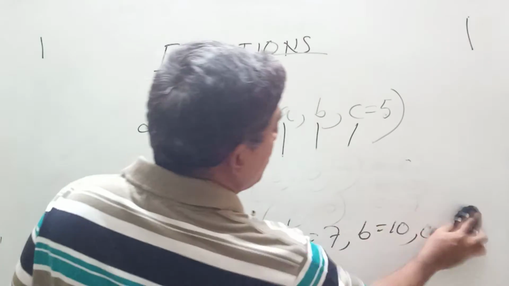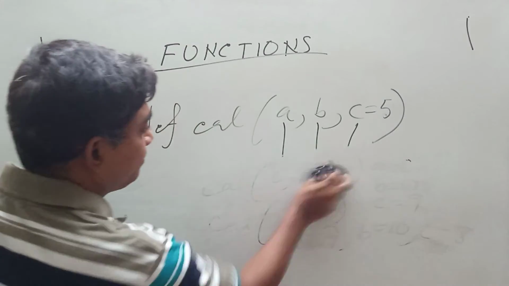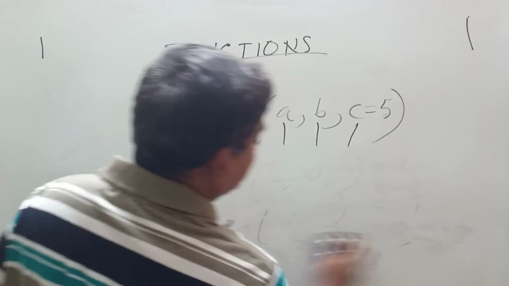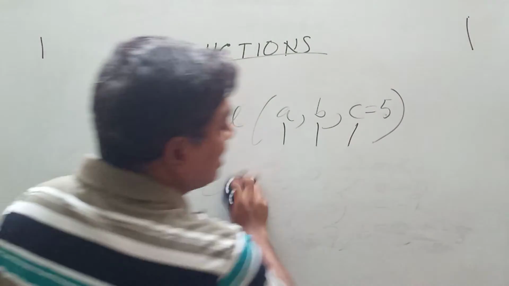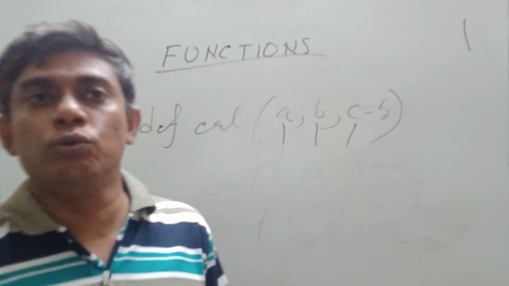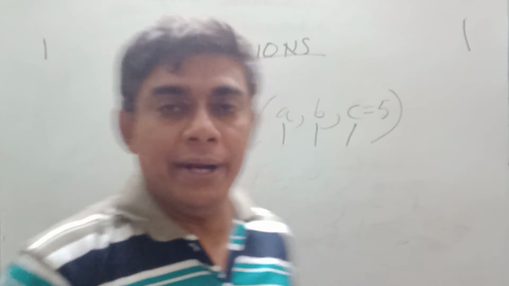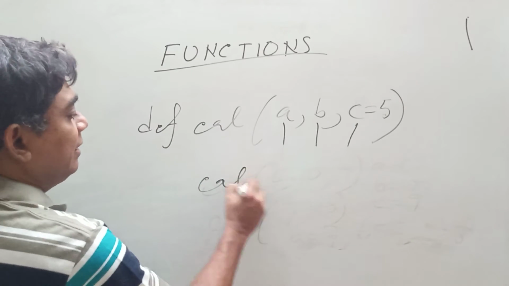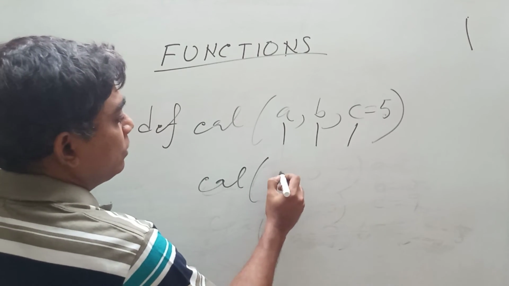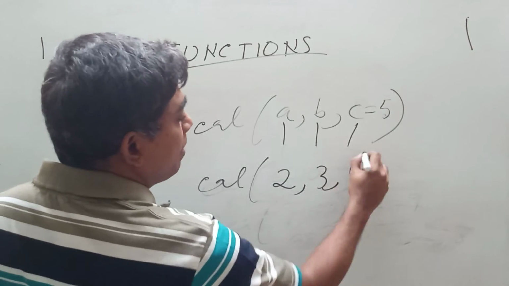Second one is positional argument. Okay, what is positional argument? You have to pass arguments according to the position of the argument. Suppose you write cal 2, 3, 4.